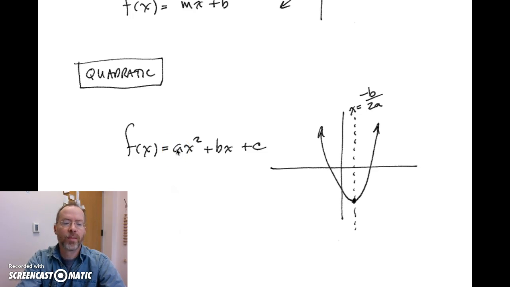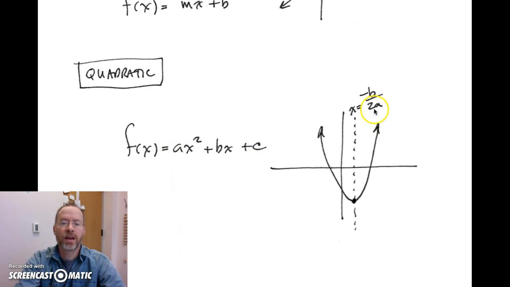Something you probably learned in a previous course but really need to remember now is that the x-coordinate of the vertex, or you can also say the equation of the line of symmetry of the parabola that cuts it right in half, is x equals the opposite of b over 2a, where b and a are the coefficient on x and the leading coefficient, the coefficient on x squared in the function.